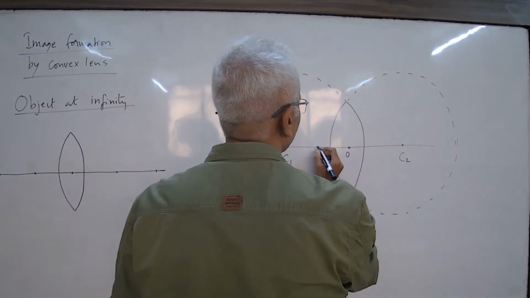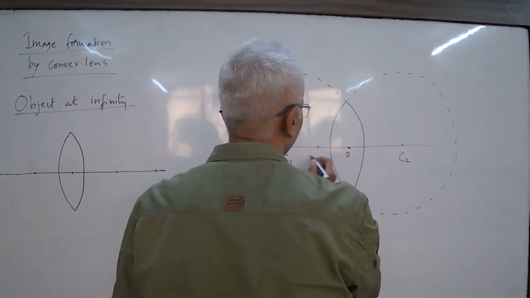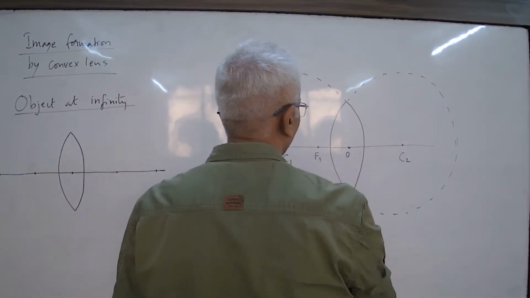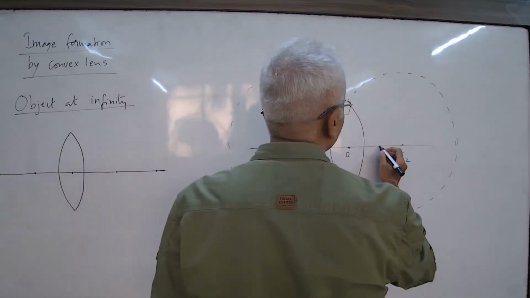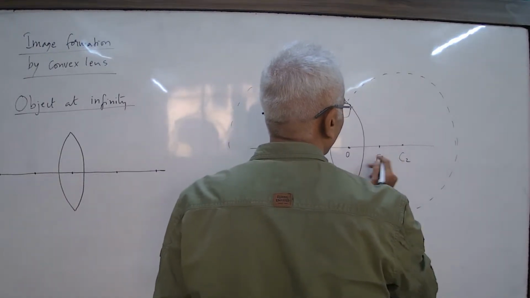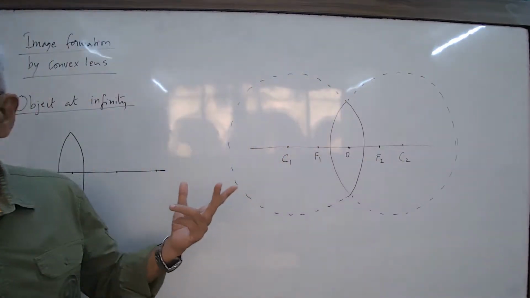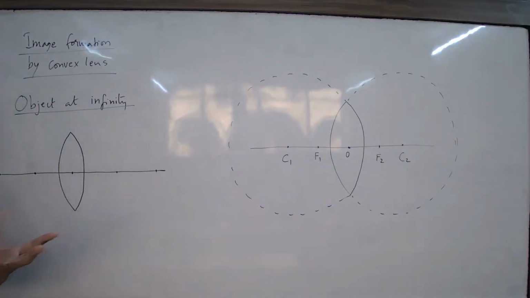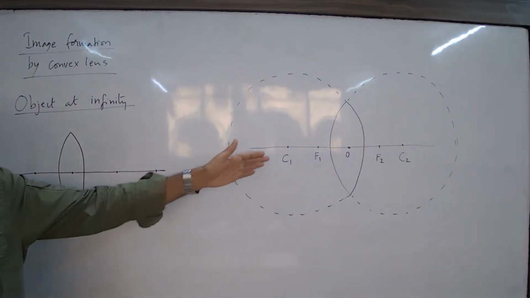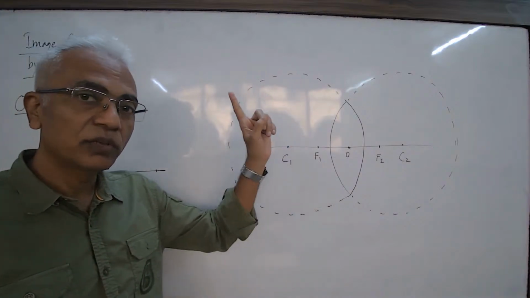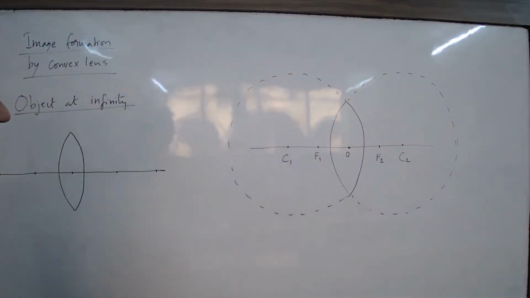Just like in the case of mirror, the midpoint of C1 and O is called F1, and this is F2. So lens has got 2 principal focus. Mirror has only 1, because lens has 2 spherical surfaces.